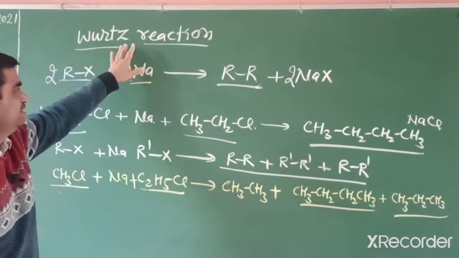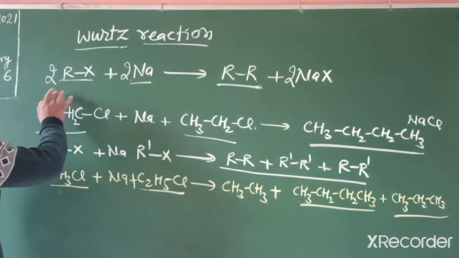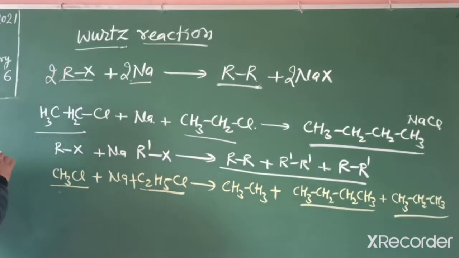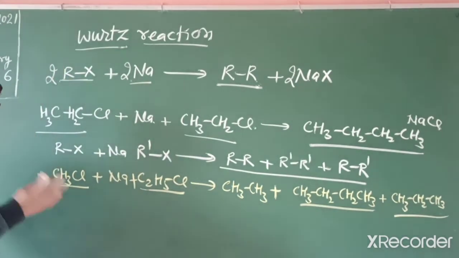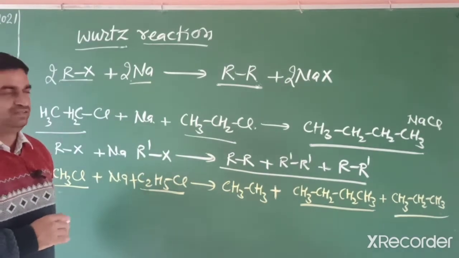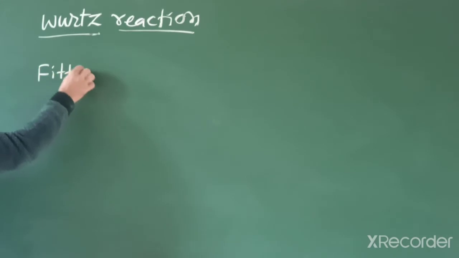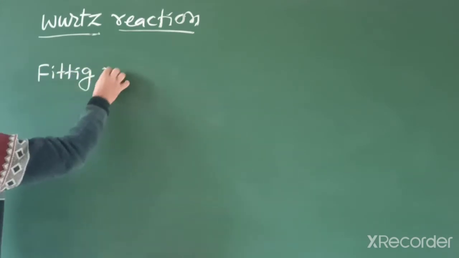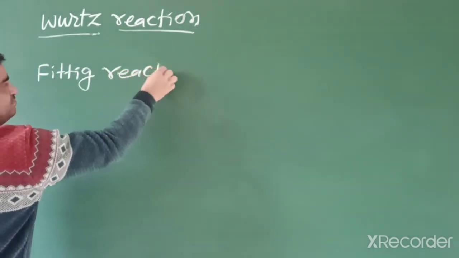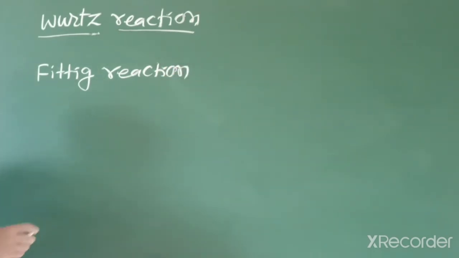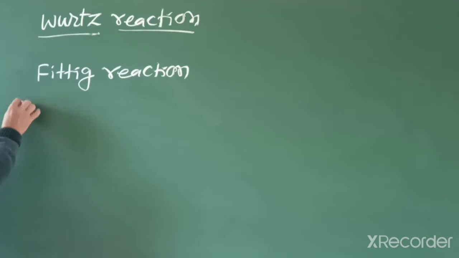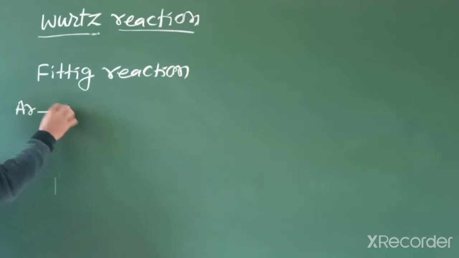Another reaction: if in place of R there is an aromatic halide, then the reaction is known as the Fittig reaction. In this Fittig reaction, we take an aromatic halide.